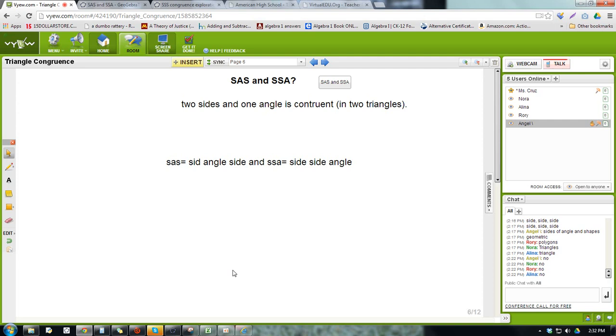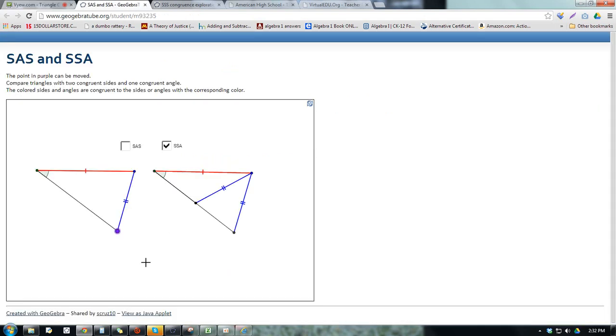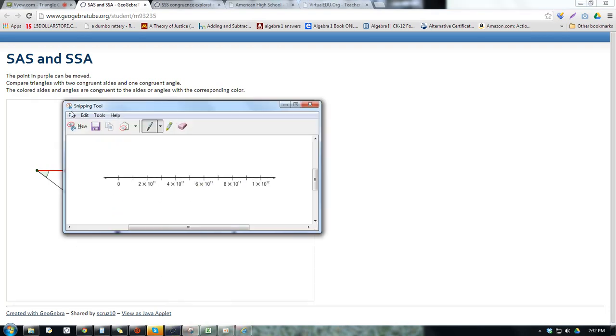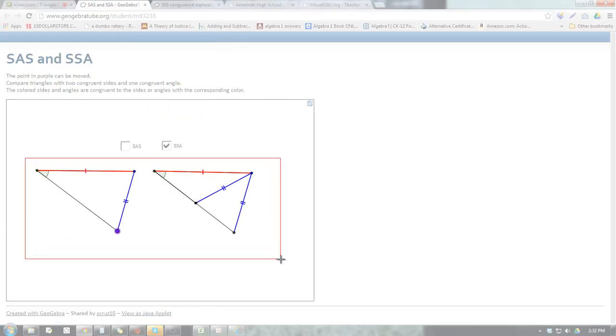Okay, good. Let's take a look at this. Everyone go ahead and go back over there, when you move it and you see the two triangles. Let's look at the one on the right, when there's two blue lines, on the one on top. Hold on, I'm going to take a screenshot so I can share it with you all.